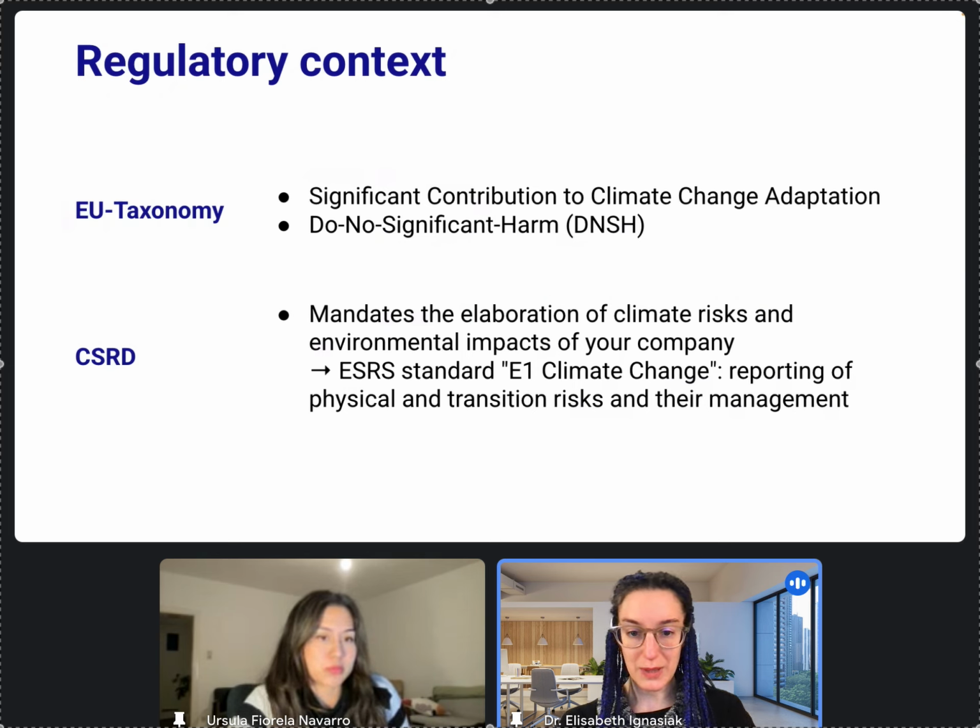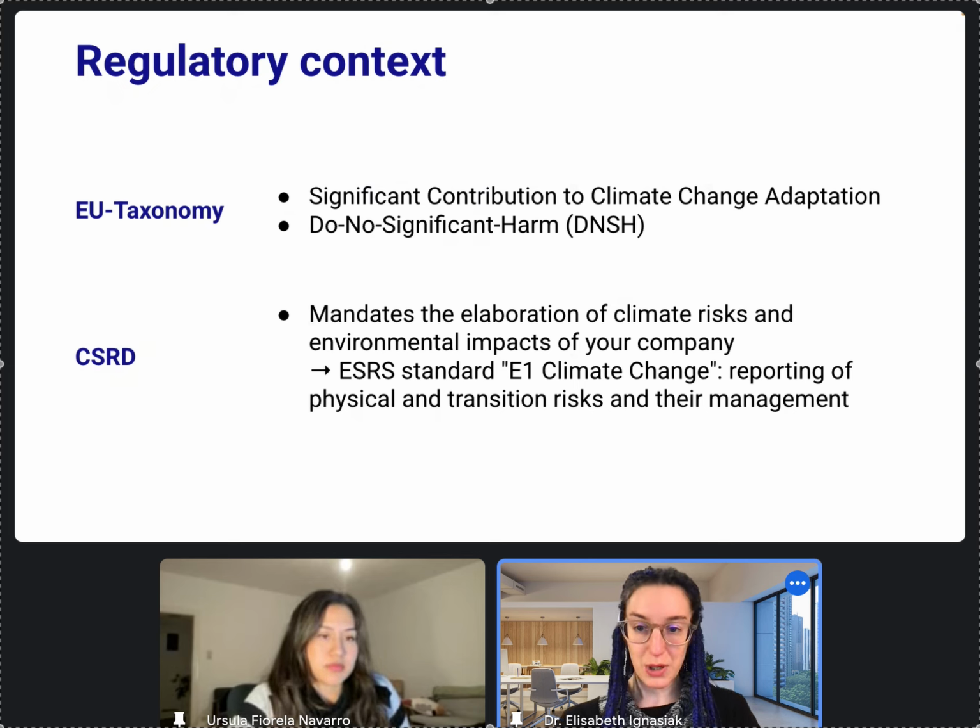And also, what many people don't realize, if you're trying to go for EU taxonomy conformity, then in order to prove that you're not doing any significant harm to the goal of climate change adaptation, you also have to do a climate risk assessment. So very likely, if you're trying to reach taxonomy conformity for certain activities in your business, you might have to do a climate risk assessment.